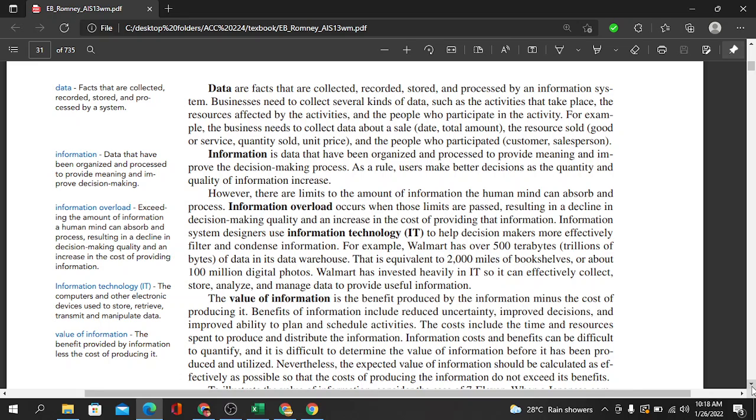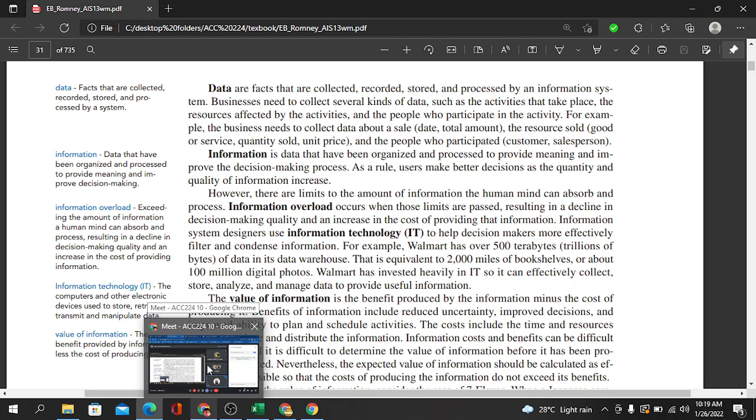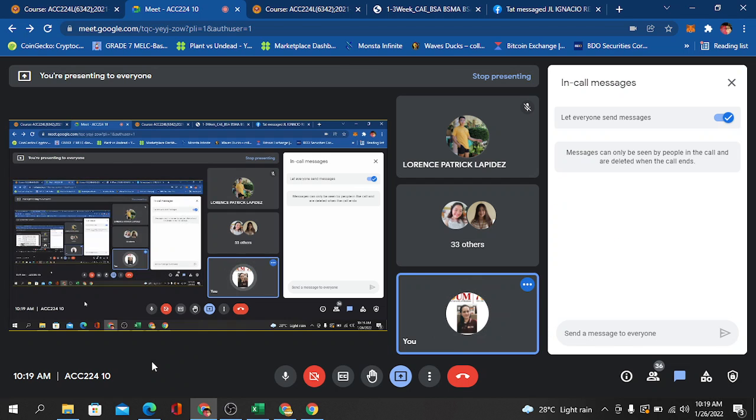So how does information overload affect your decision? Nag-affect ba yan sa decision or hindi? Information overload. Or how do you filter information?